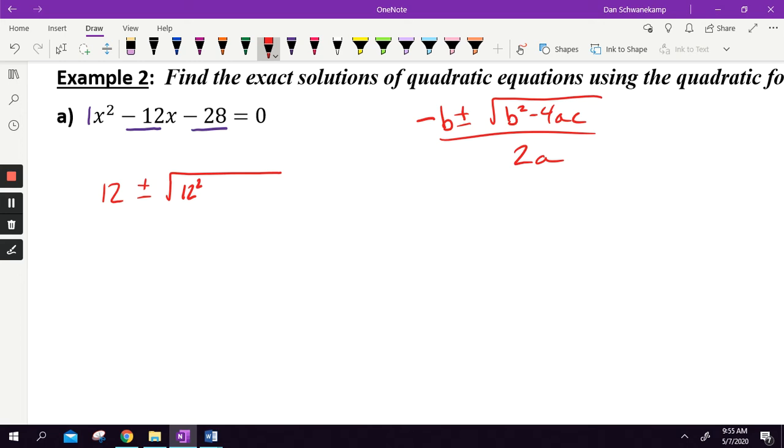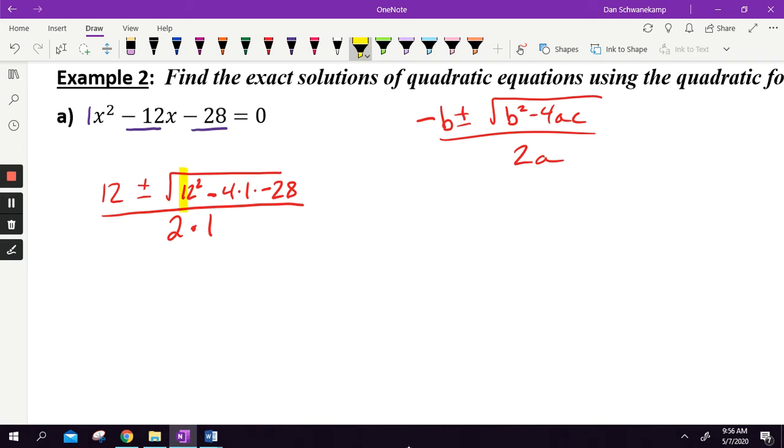And so just to avoid a mistake, I just write positive 12. Minus 4 times a times c, negative 28. All divided by 2a, so it's 2 times 1. There's my setup.